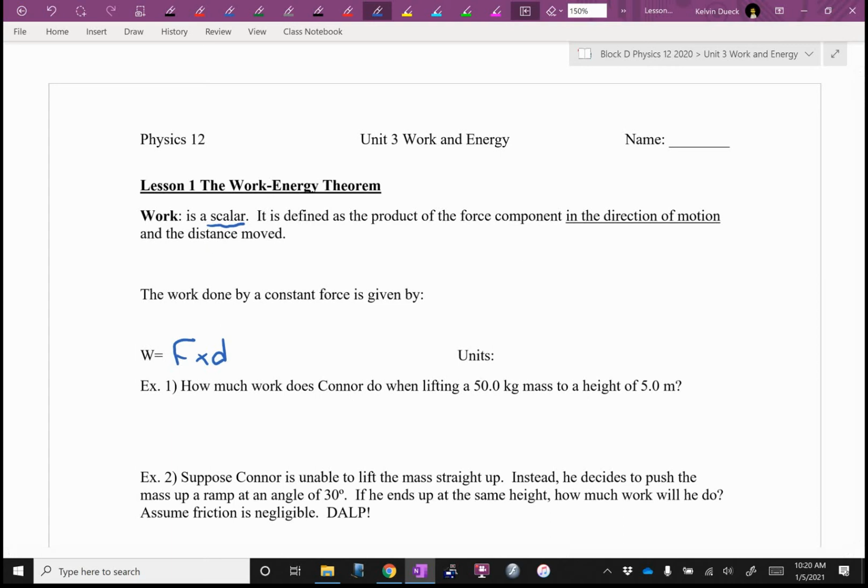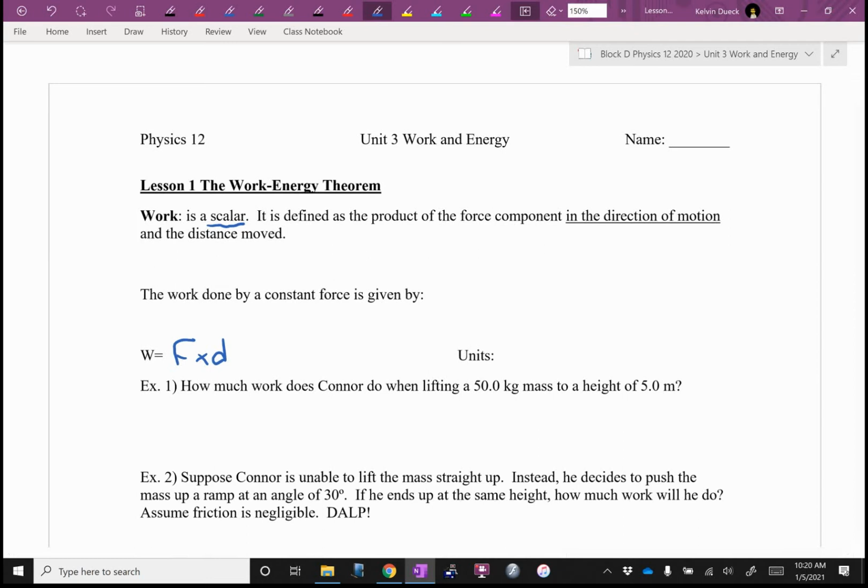Except the force and the distance have to be in the same direction. If you're pushing up and moving sideways, no work. If the force is up and you're moving something sideways, no work.